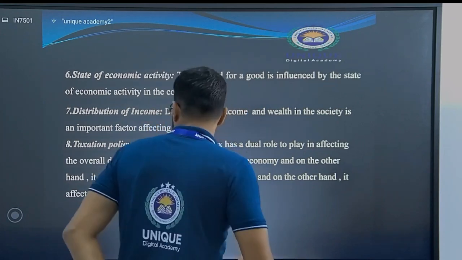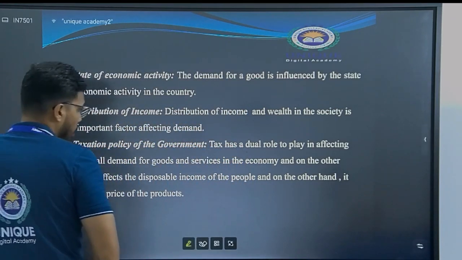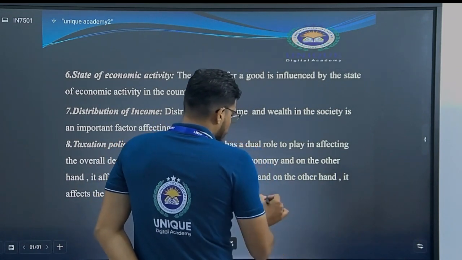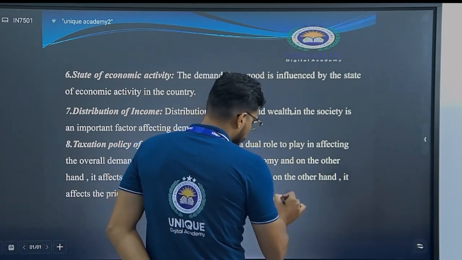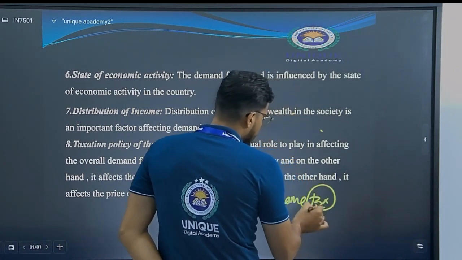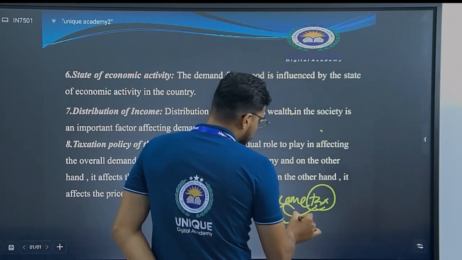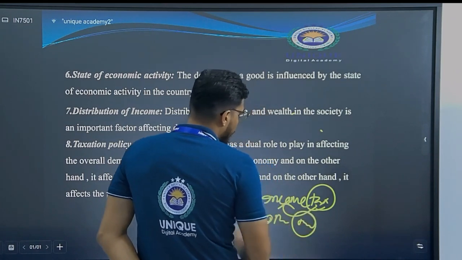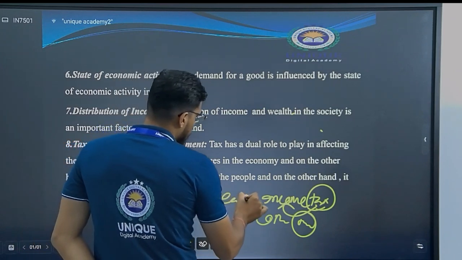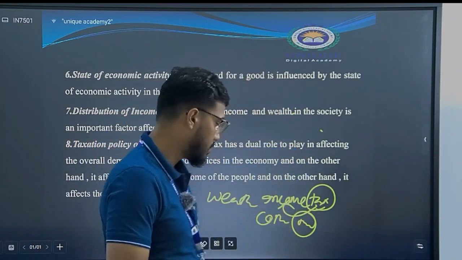For example, income tax, tax on your income. Corporation tax, tax on profit of any organization. Wealth tax, tax on asset, wealth or property.